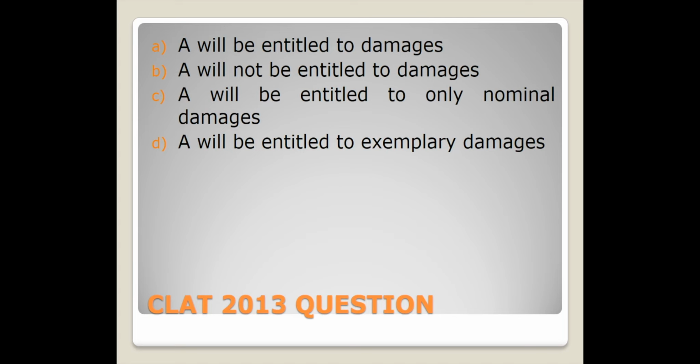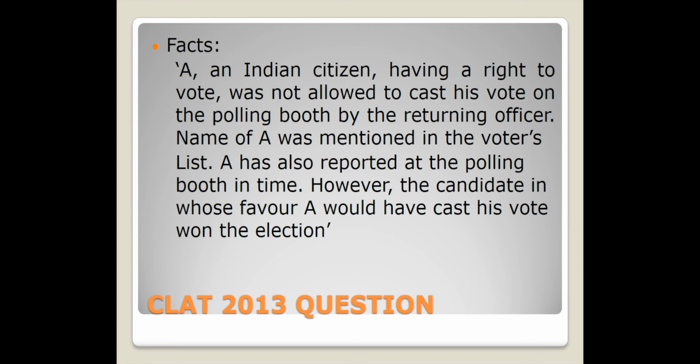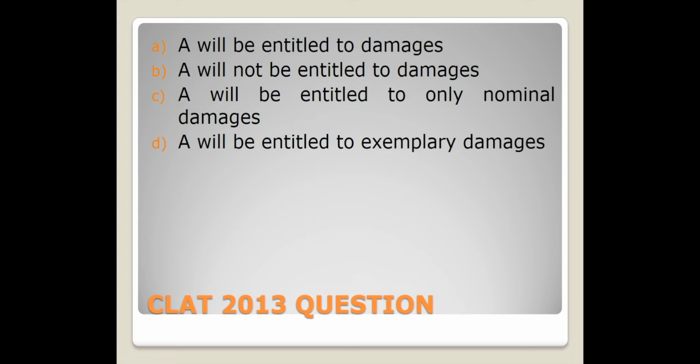Is the basic question. Now looking at the principle again of this particular question, damages are money recompense as far as money can do for the violation of a right. So in this case, we can say that the returning officer certainly violated the right of A to vote. So in this case, he will be liable for damages. So the answer in this case is C, because A will be entitled only to nominal damages.